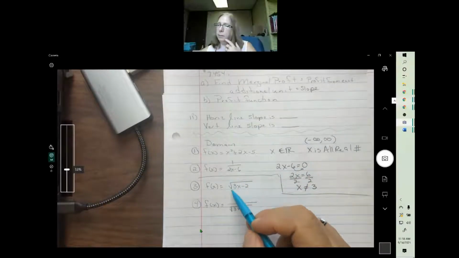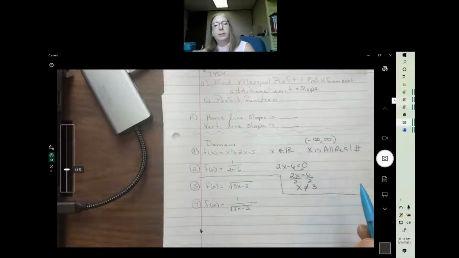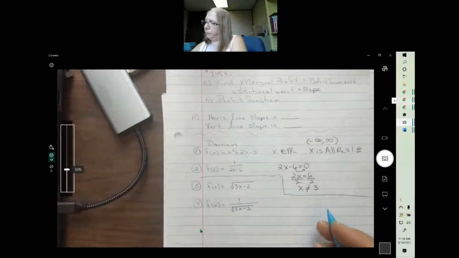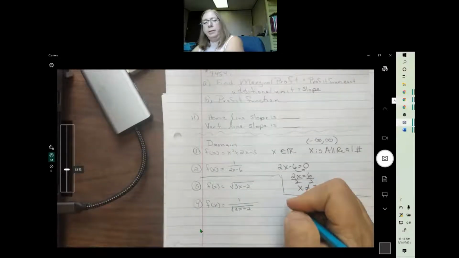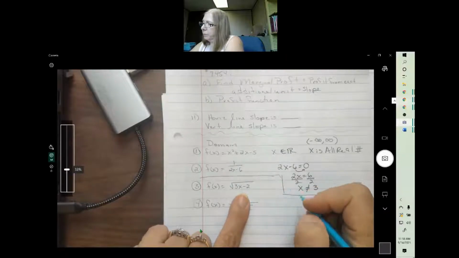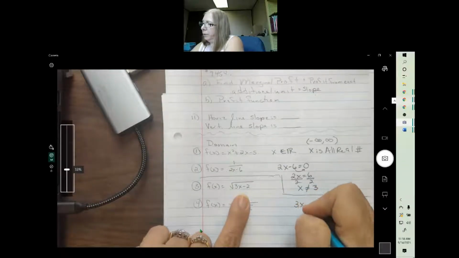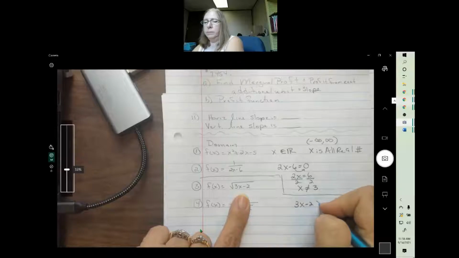Now a radical, think about when you take the square root. You can't take the square root of a negative number. So if you tried plugging in -4, take the square root of -4 in your calculator, it's going to be an error, unless your calculator has imaginary numbers. So what you do is you take what's under the radical and make it greater than or equal to 0.